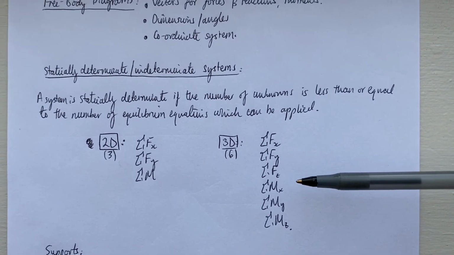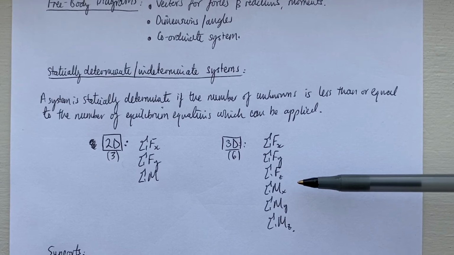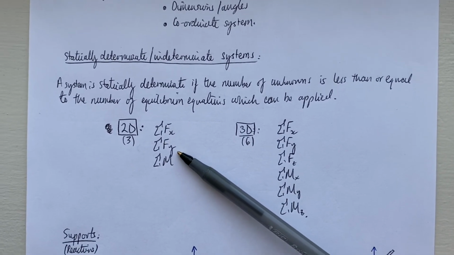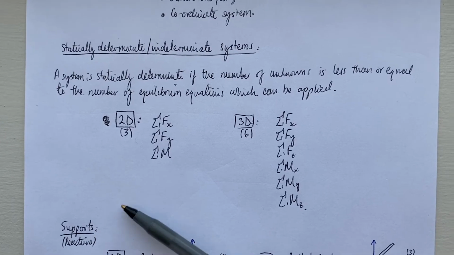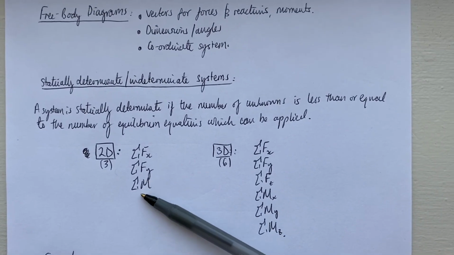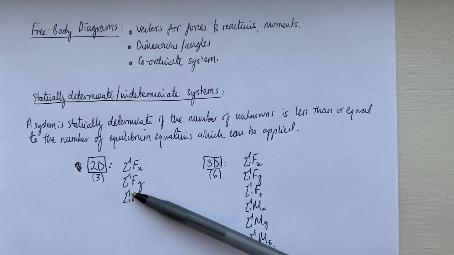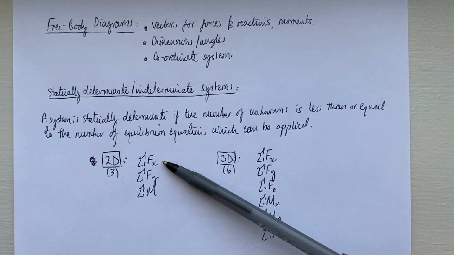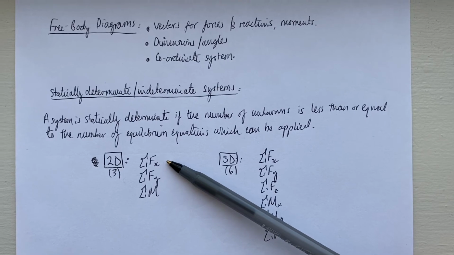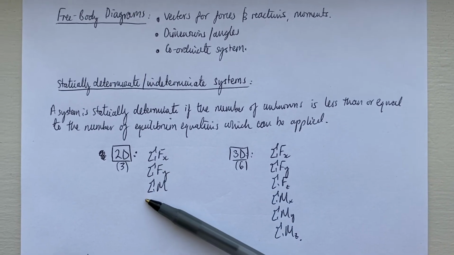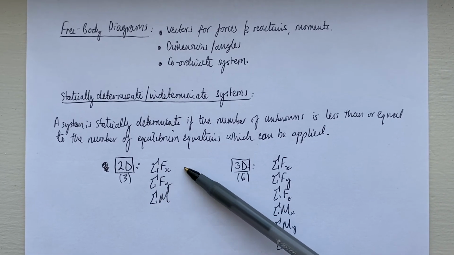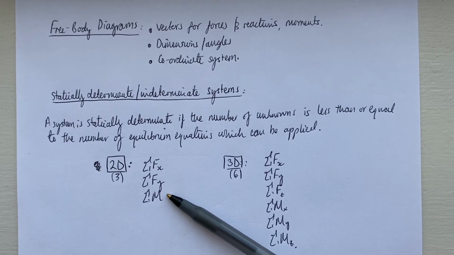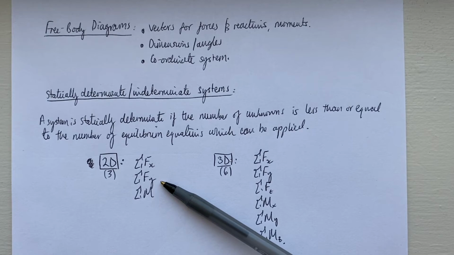So for example, in 2D, let's say we have, we'll have a quick review of this in a second, one pin support and one fixed support, let's say, in a 2D system, we're going to have 5 unknowns and we can only apply 3 equilibrium equations, so we would have a statically indeterminate system.